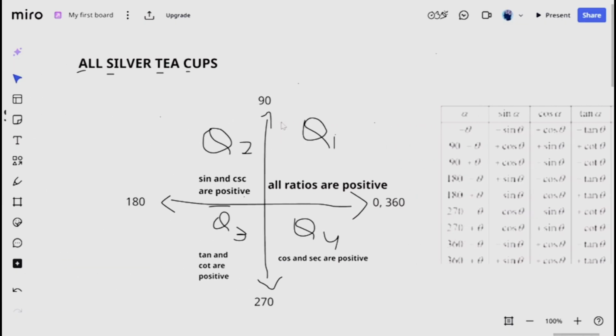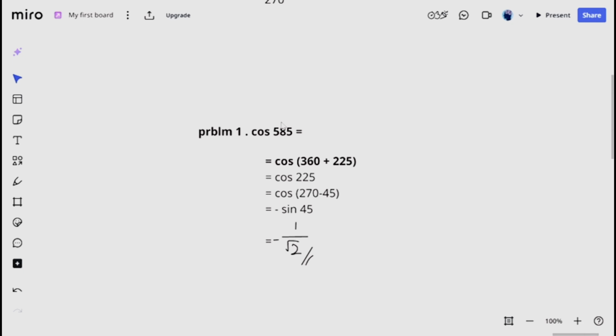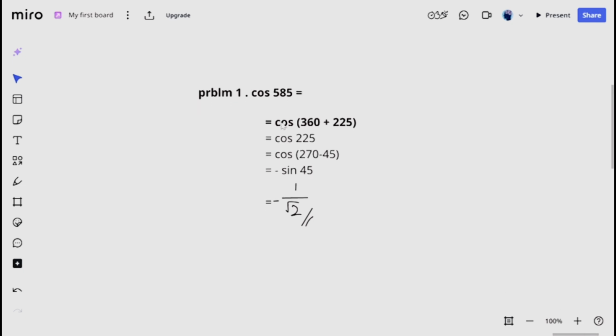Okay, let's go with some problems. This is a very simple problem: cos 585. Cos 585 can be written as cos of 360 plus 225. We need the graph here.